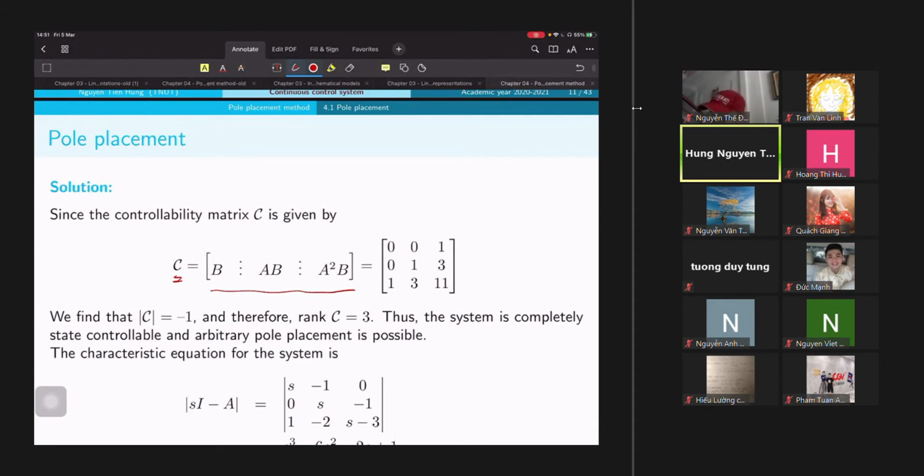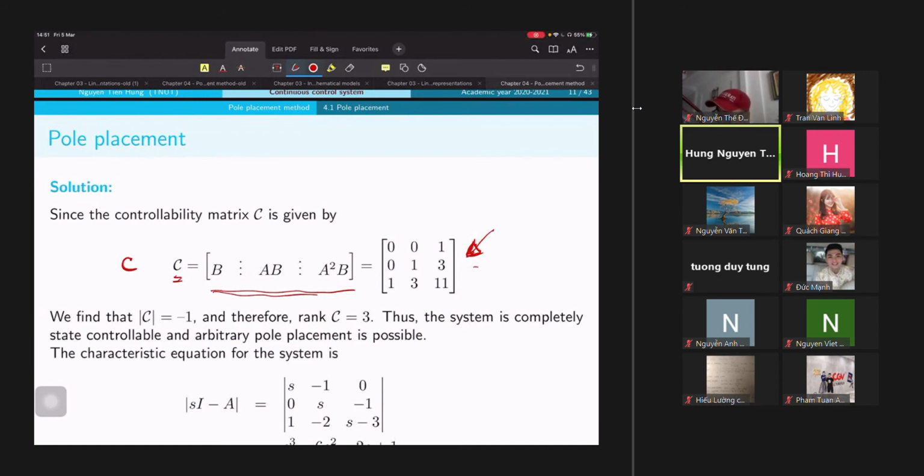If you check this, you will see that C equals this. This C is the calligraphic C, not the C like this. It looks quite similar, but it's different. So you see this is the controllability matrix.